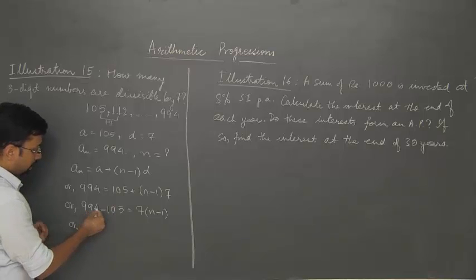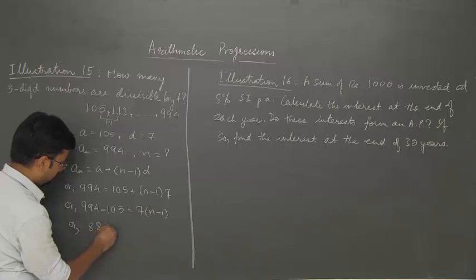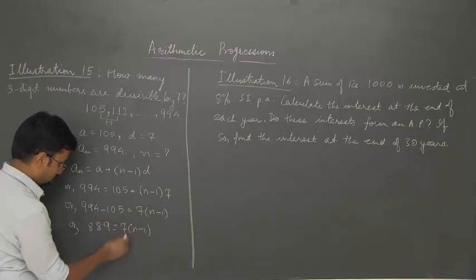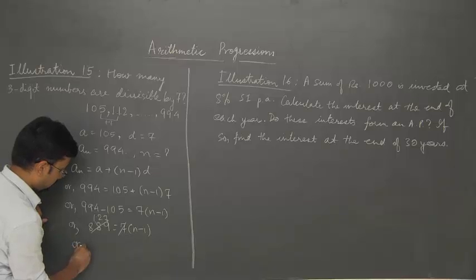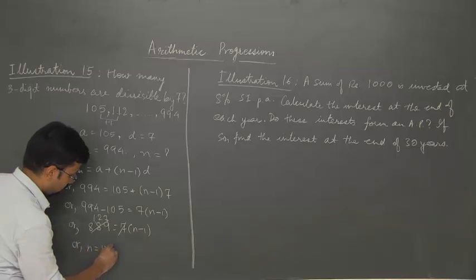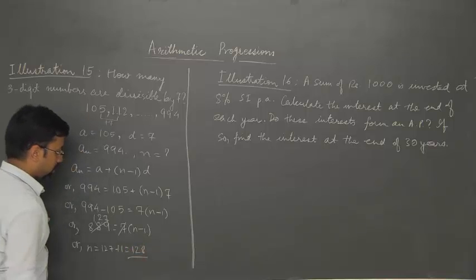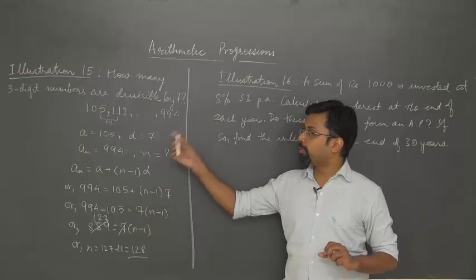We subtract this, 889. I hope I am solving it correctly. Let's see. So N minus 1 will be 127, N will be 127 plus 1, which is 128. So there will be 128 3-digit numbers which will be divisible by 7.